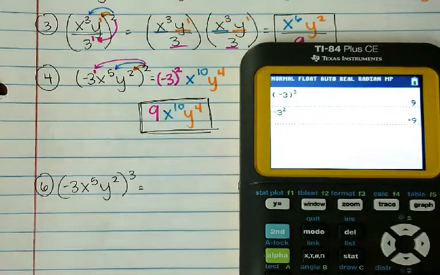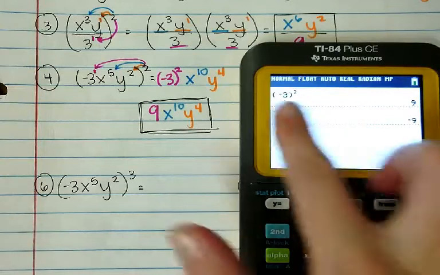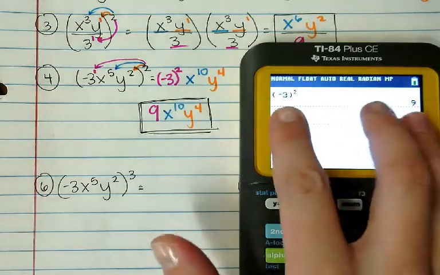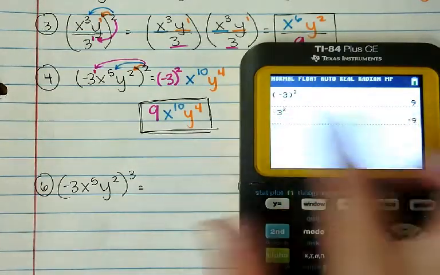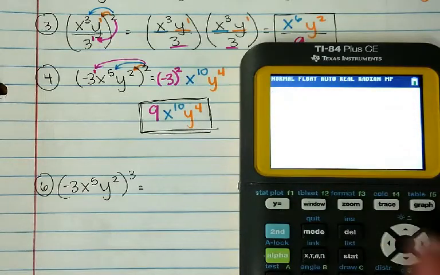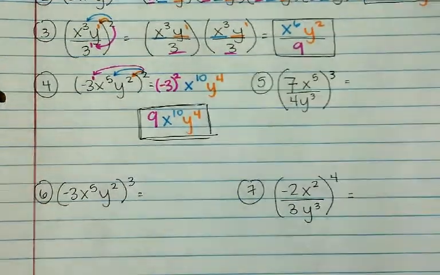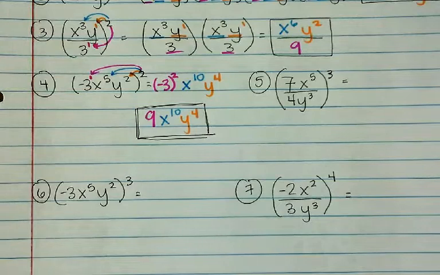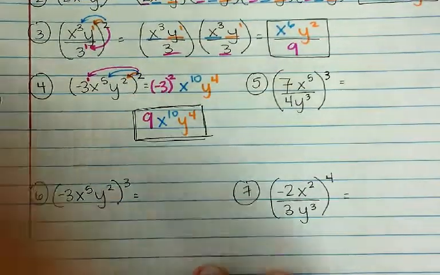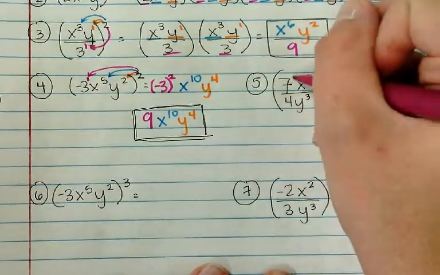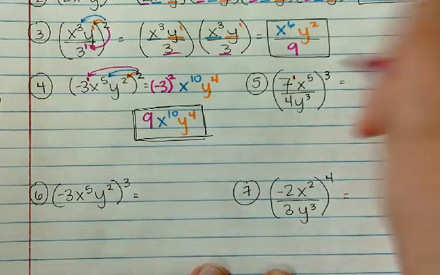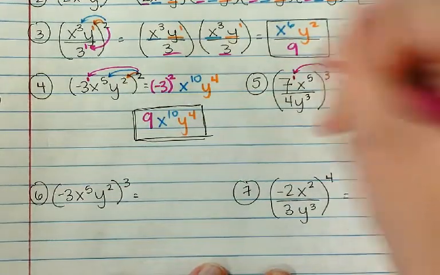So let's look at number 5 together here. I'm going to give myself that exponent of 7, so this is going to be 7 cubed, 7 to the 3rd power. And then x to the what power? To the 15th power.